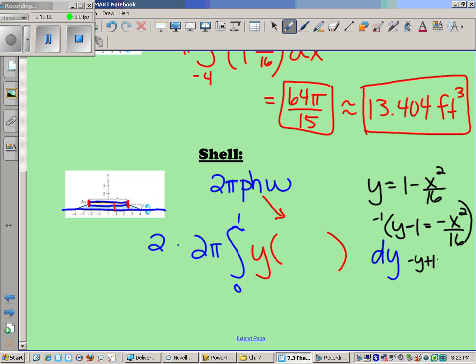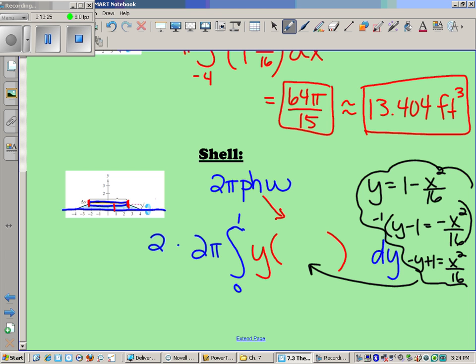So I'd have a -y plus 1 equals x squared over 16. Then what would I have to do? I'd have to multiply both sides by 16. Then I would have to square root, right? I'd have a whole bunch of extra algebra stuff that I'd have to do in order to be able to get me to my height of my rectangle.